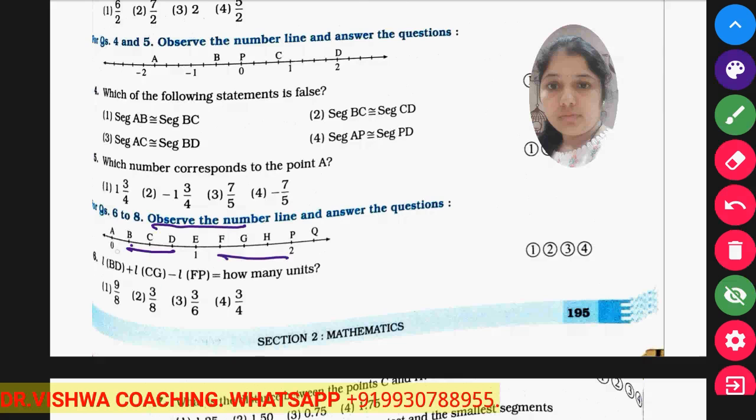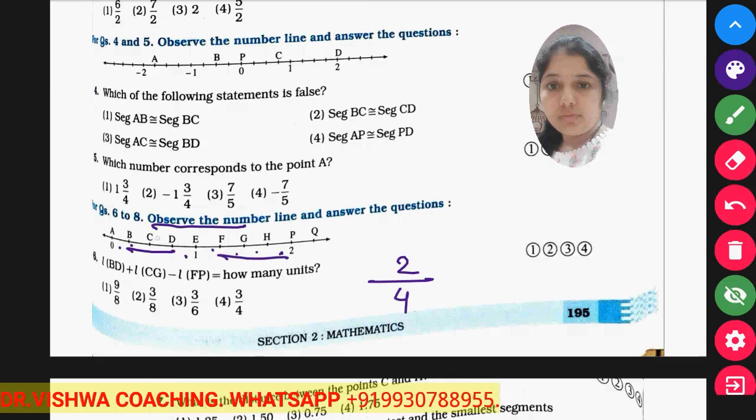Now if you look carefully, BD is 1, 2, 3, 4 portions of one line segment. 1, 2, 3, 4. 4 portions of 1 unit. So 4 at the denominator. Now the length of BD is 2/4.